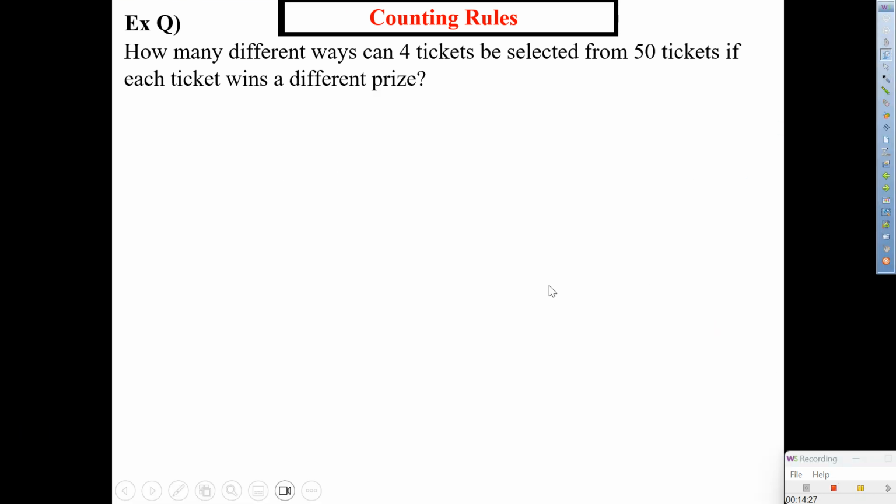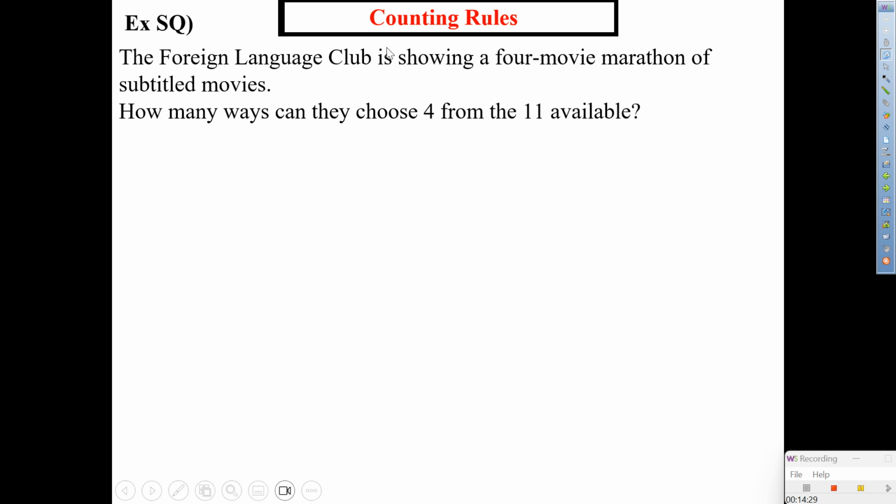All right, thank you. Example: The Foreign Language Club is showing a 4-movie marathon of subtitled movies. How many ways can they choose 4 from 11 available? Question. Which rule shall we use? Does the order matter?